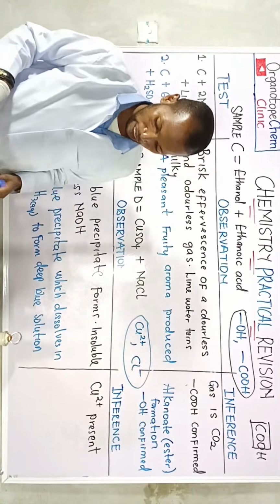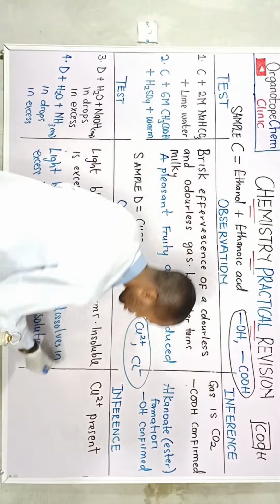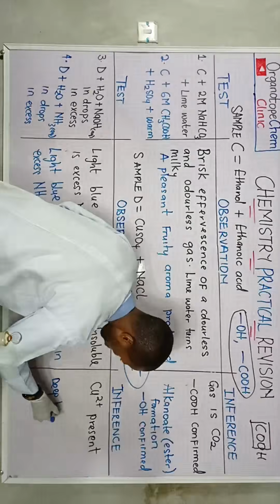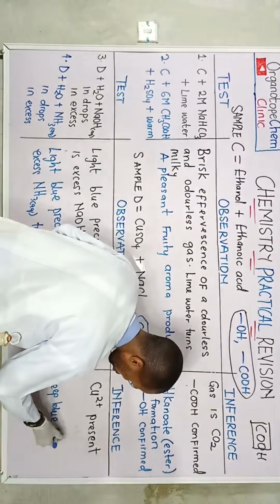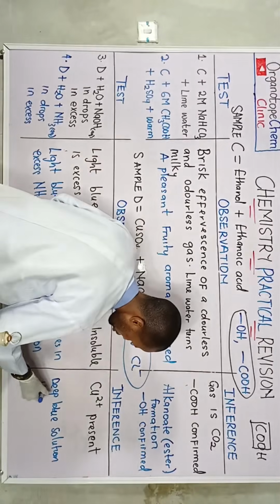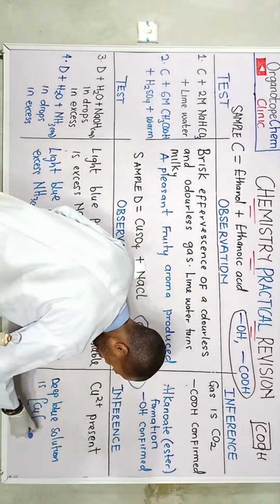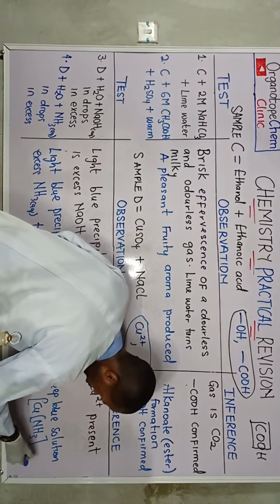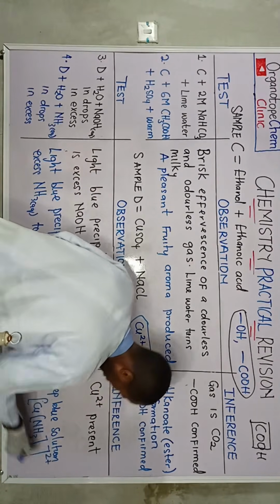Now, what is our inference? The inference for this exercise is deep blue solution is what? We have Cu, NH3, we have 4, then it is a complex right here.